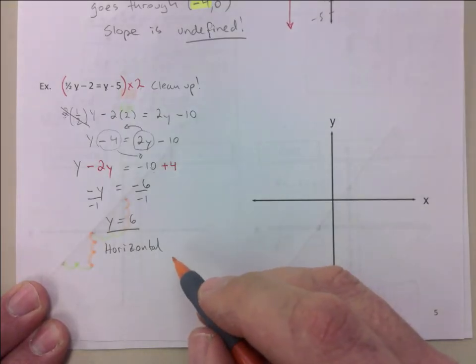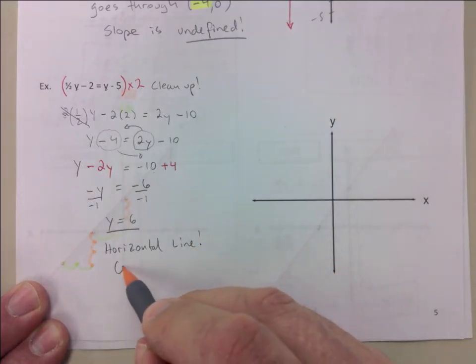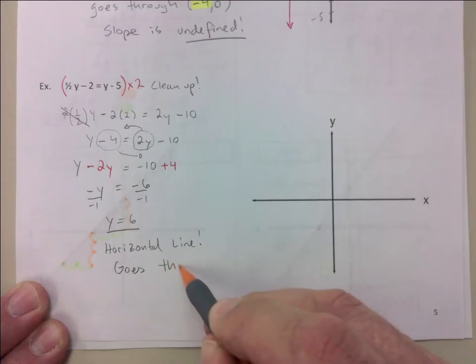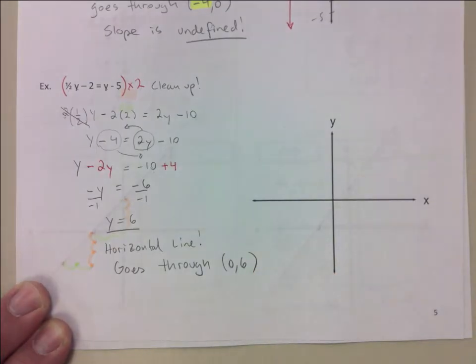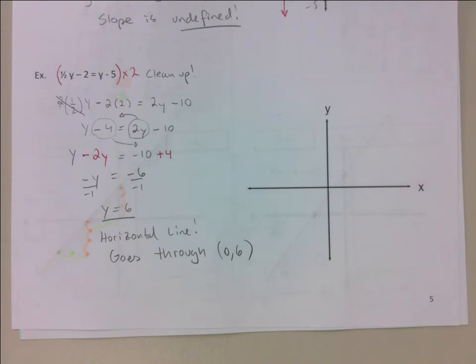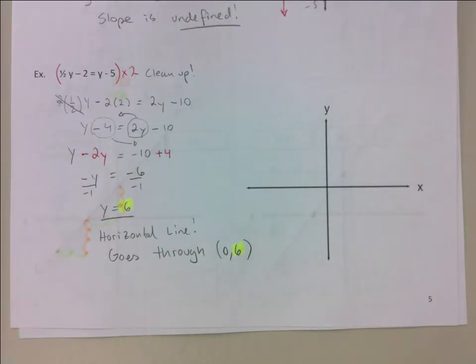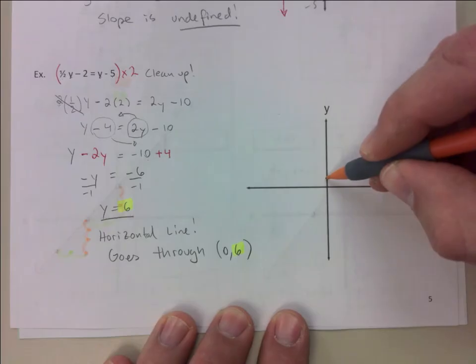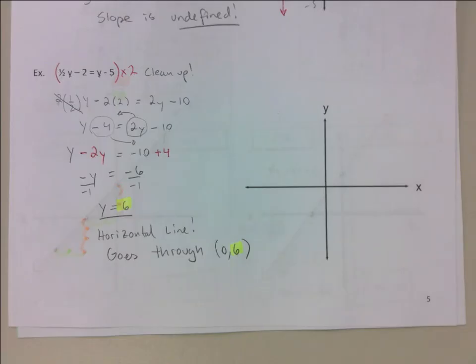Horizontal line, okay, goes through 0, 6. And again, I'm going to highlight this 6 matches there. I'm going to slow down a bit before I graph.